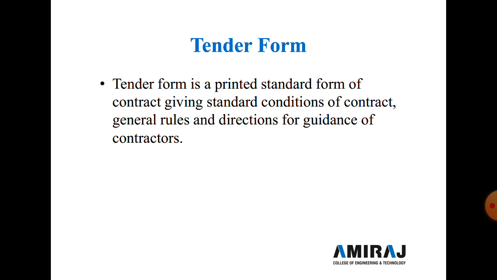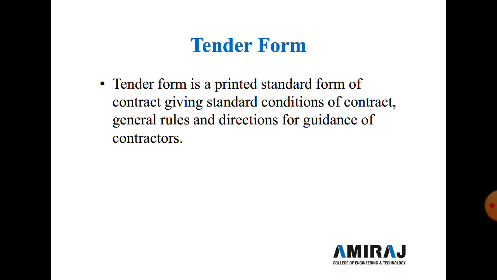The printed form and other documents are to be purchased on cash payment from the office inviting the tender, during office hours on all working days. So here the tender form is available from the office, and we collect the tender form for a particular work by paying the amount which is written on the tender form.